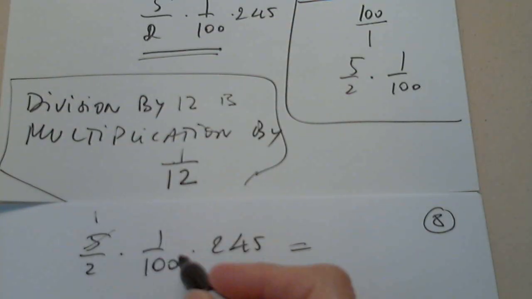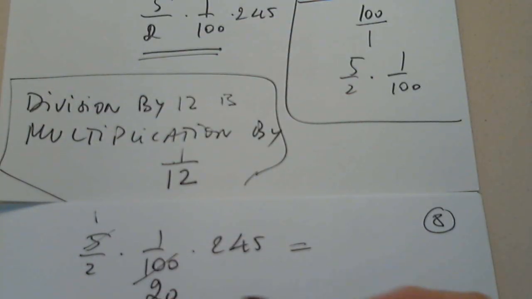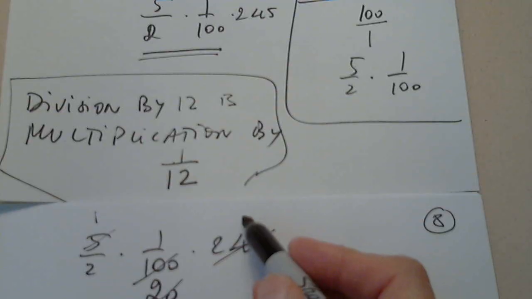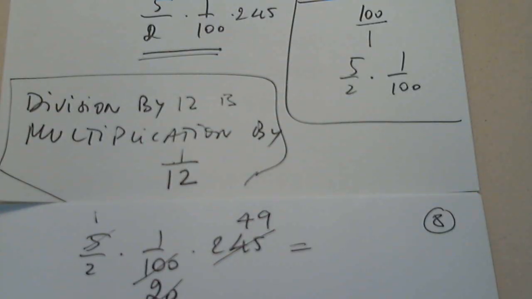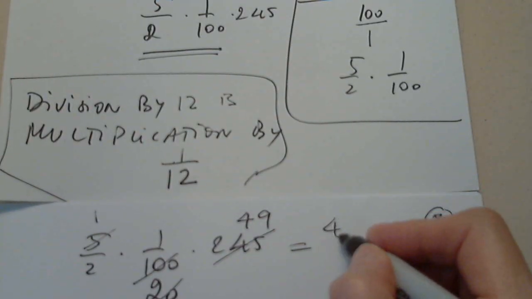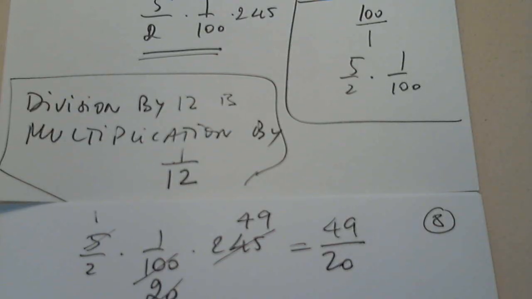We simplify by 5 and I get 20. We can also simplify here by 5, so I have 10, and here by 5, I have 49. So the numerator is 49 and the denominator is 20. I still have to divide to see the weight, or you can write it as a mixed number, 2 and 9 over 20 pounds.